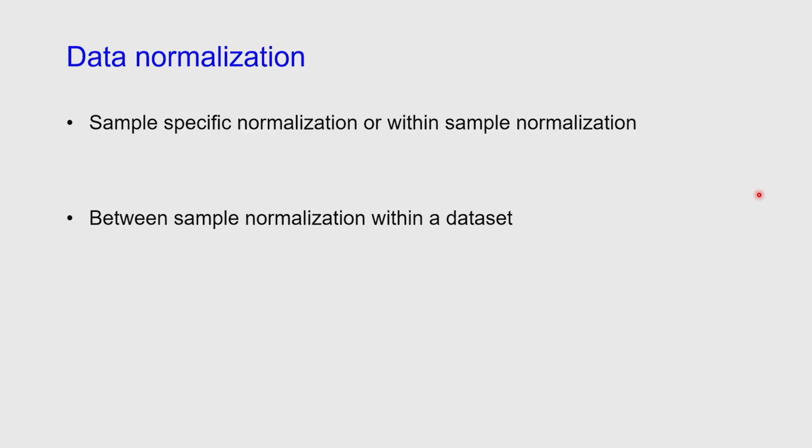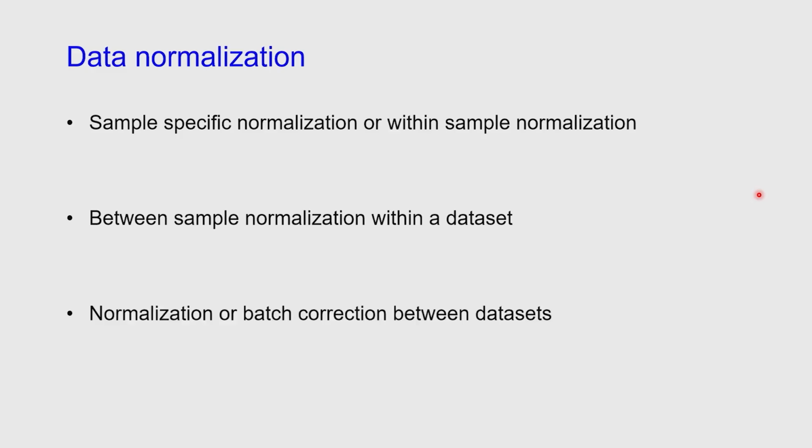If you are working with multiple samples, as in the example that you have taken, and we want to compare across samples, then we have to do between sample normalization. But these are part of a single data set, and sometimes we are working with multiple data sets, and in that case we have to do something called batch correction.